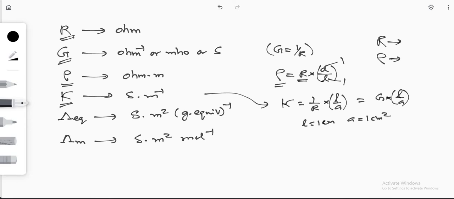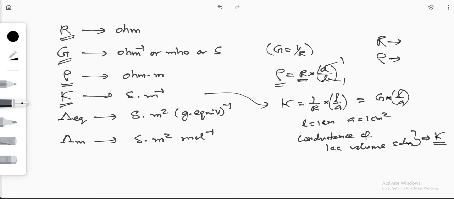That solution shows some conductance, which is nothing but conductivity. So the conductance of 1 cc volume solution is nothing but kappa. This is the definition for kappa.